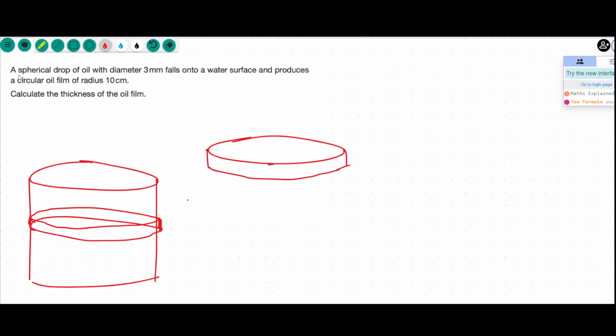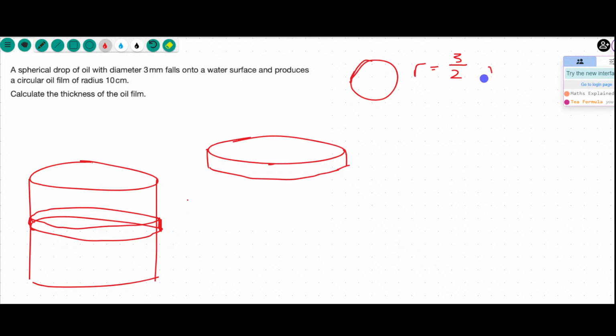Yeah, that's not too bad. I was worried about how that would go. And we've got a diameter of 3. So first of all, this is a drop. It's not going to be perfect, but it's spherical. And this drop has a radius of 3 millimeters. Oh, diameter, pardon me. So the radius would be 3/2 millimeters.